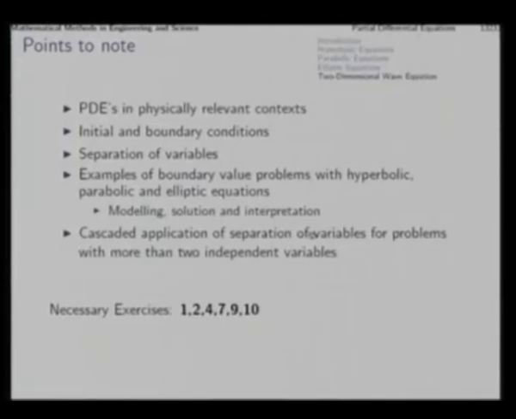And that kind of a cascaded separation of three variables will finally involve a double Fourier series for the determination of the Fourier coefficients. Now, this gives us a very brief overview of the partial differential equations which appear most often in practical situations.